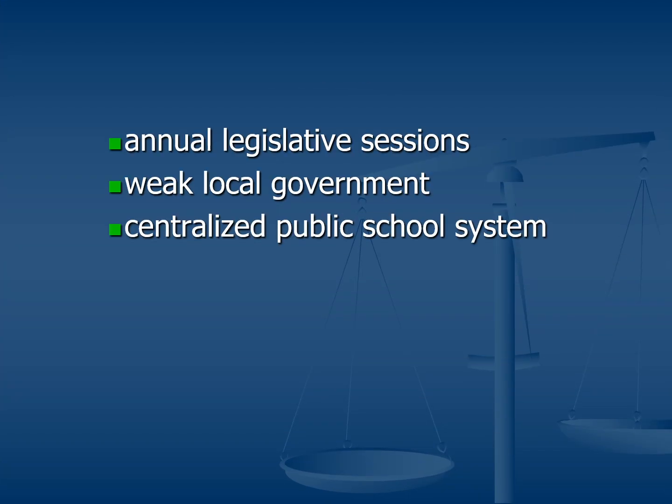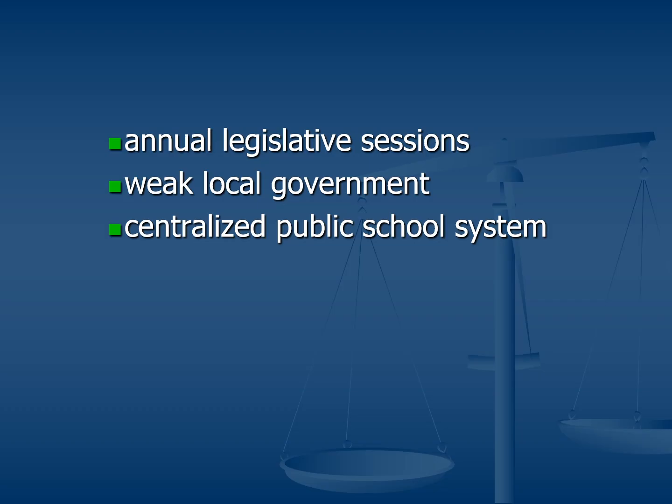The other thing that it did is that it provided for annual legislative sessions, which basically says the Texas legislature is going to meet every year. And they wanted to keep local government weak because they wanted most of the decisions to come from Austin, centralized within the office of the governor.